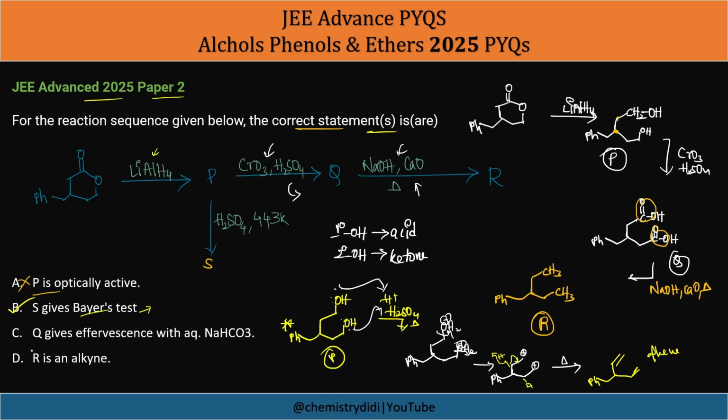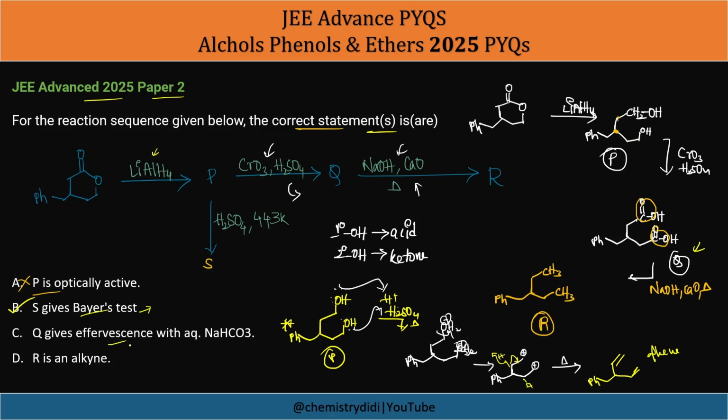Yeah. And the next option they have given: Q gives effervescence with aqueous NaHCO3, sodium bicarbonate. And what is Q? Q is this. And you know, Q has acid groups. When an acid reacts with sodium bicarbonate, which is basically an acid-base reaction, CO2 will be released in this reaction, which gives us effervescence.